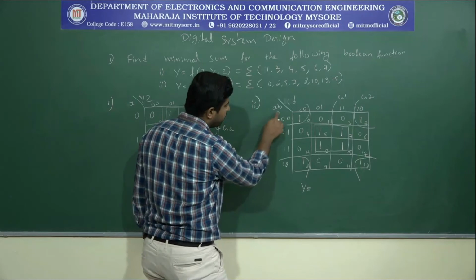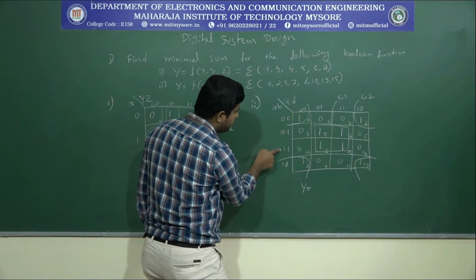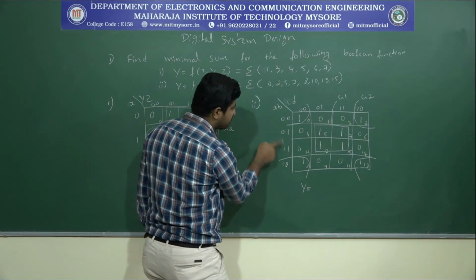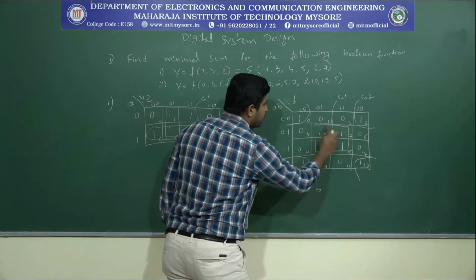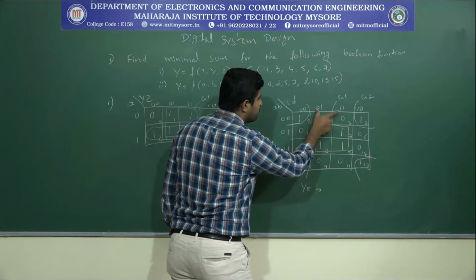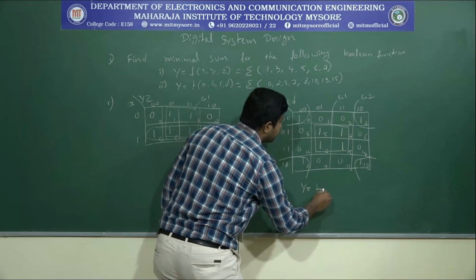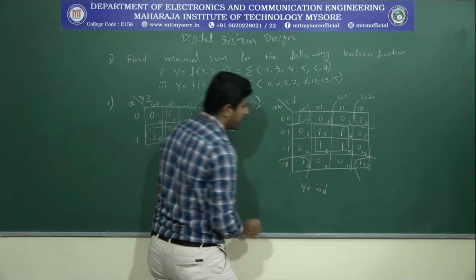For G1, looking at AB, A changes over, so the A term won't be there, only B. Looking at CD, C changes over, so the remaining is D. That is BD.